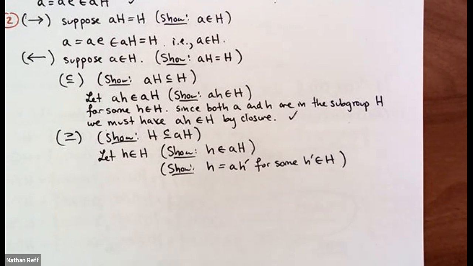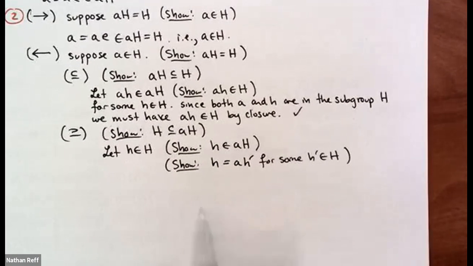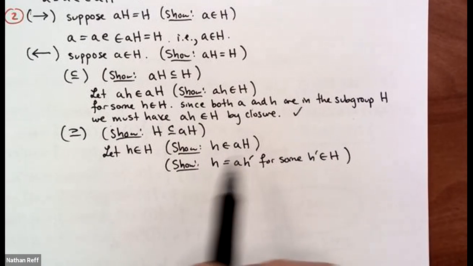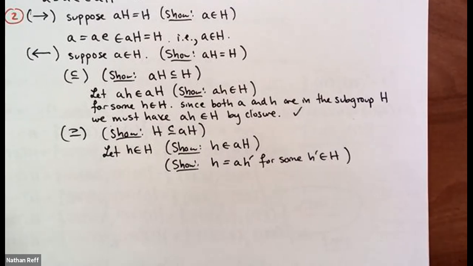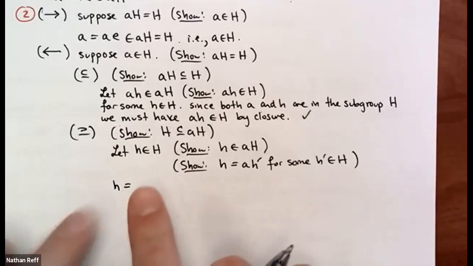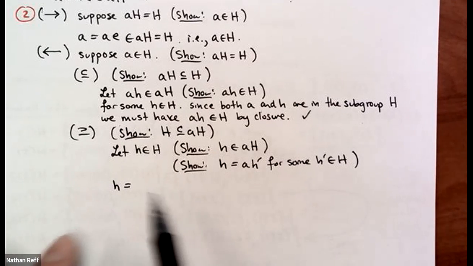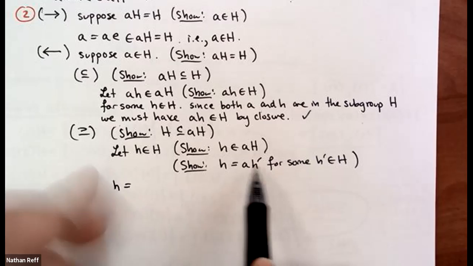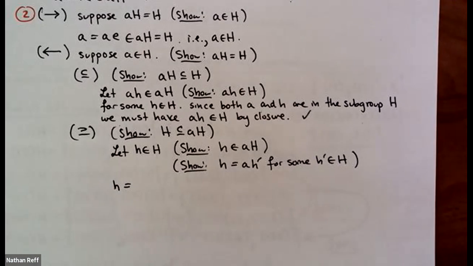That's why that prime is there. Somehow I have to decompose this. Are there any clever suggestions on how we could do that? Somehow I'm going to start with h, cleverly decompose it so I have that it's a times something in H.